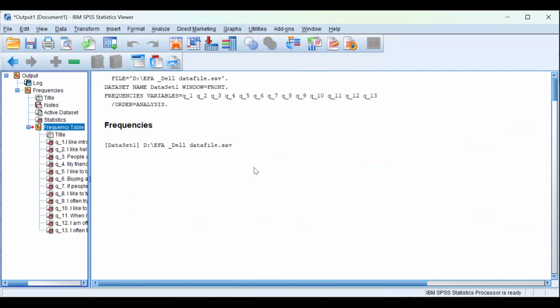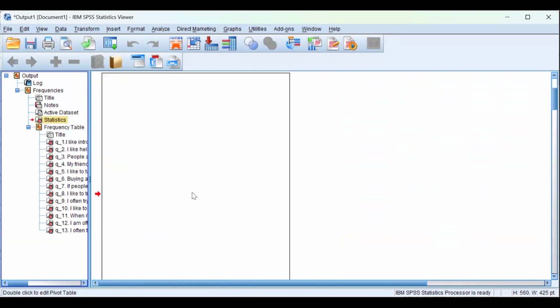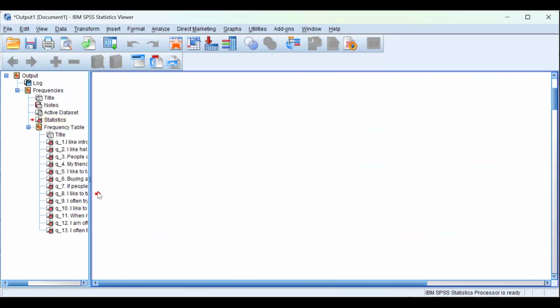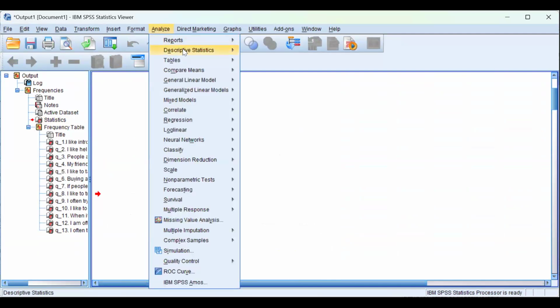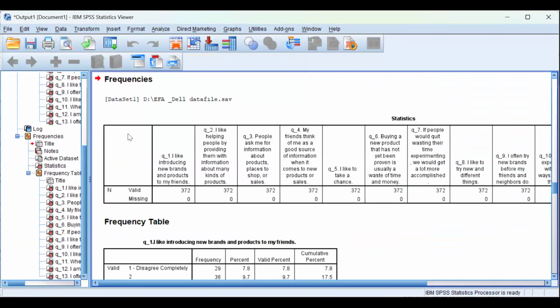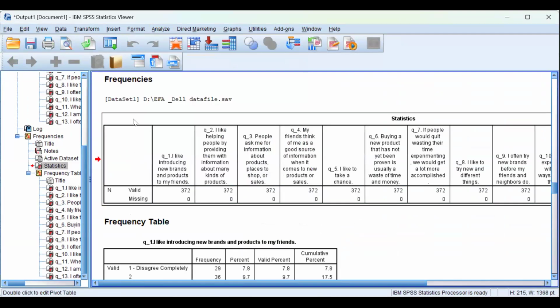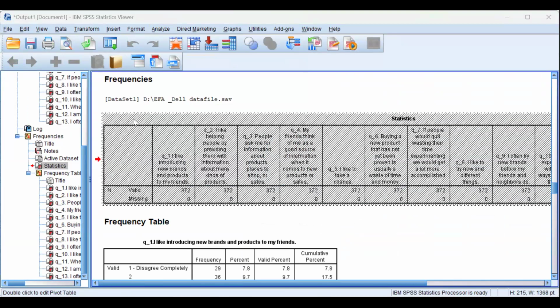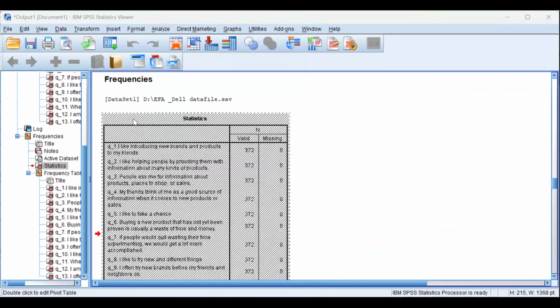So there are no missing values. You can see here that there are no missing values, right? See, missing, there are no missing values.